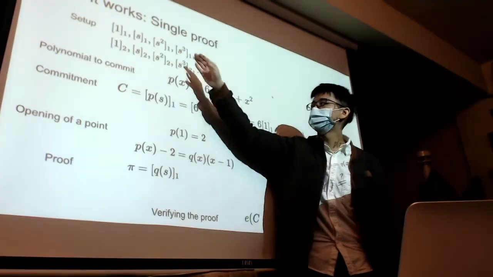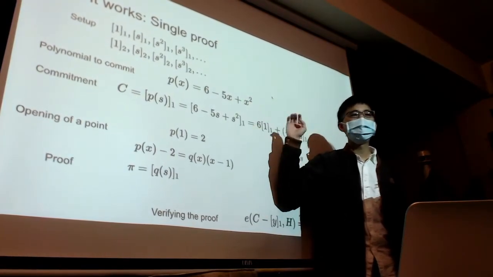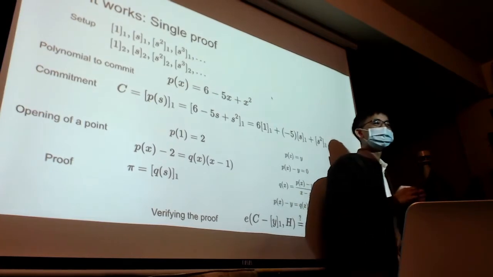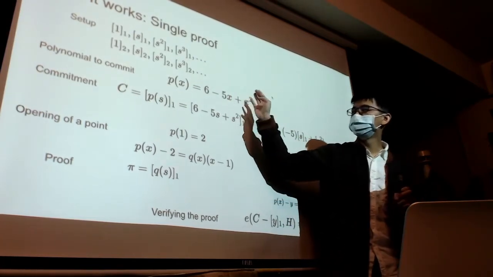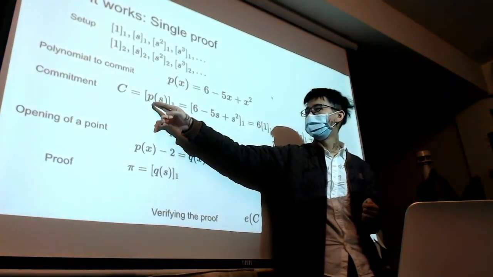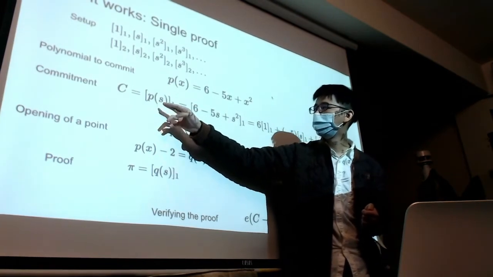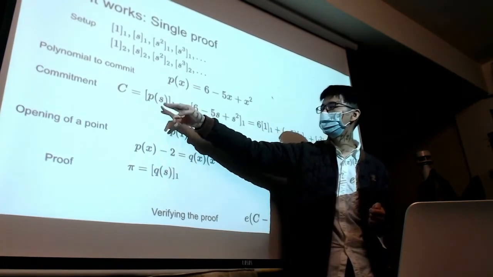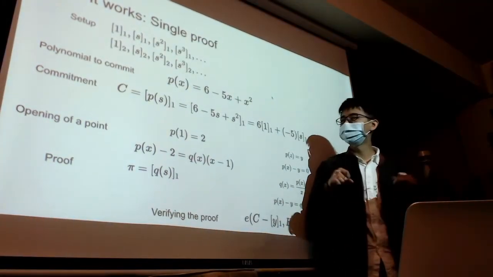After this preparation, the committer has a polynomial to commit. To produce the commitment data, they evaluate the polynomial at s and put it in the G1 group.